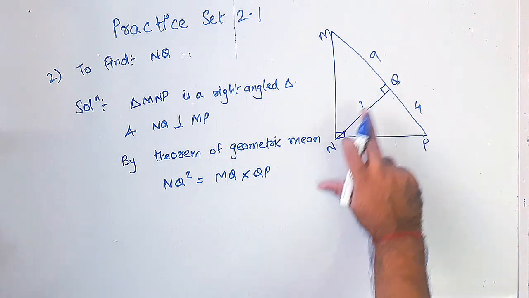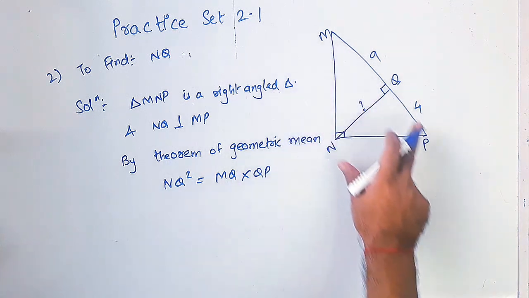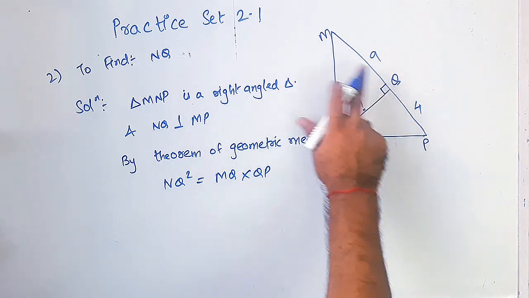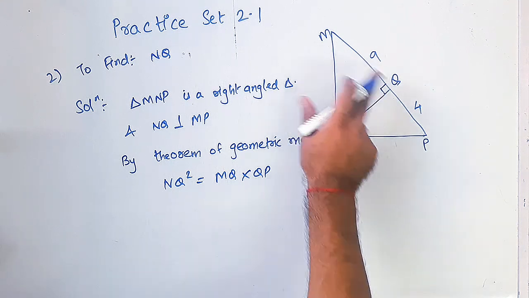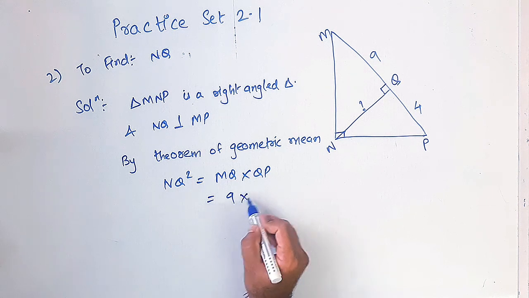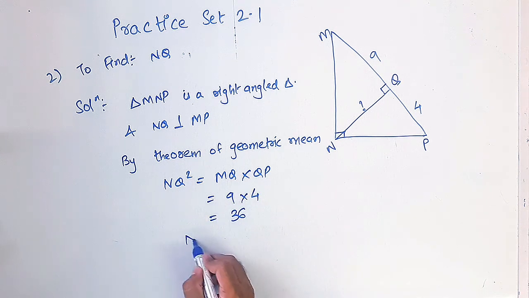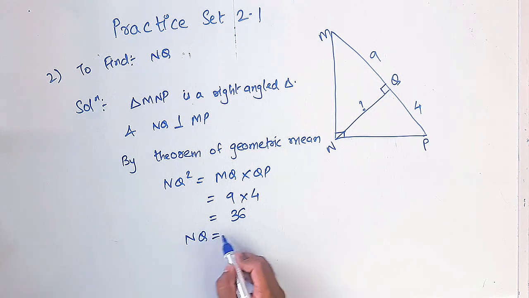The perpendicular drawn to the hypotenuse, its square is equal to the product of the parts into which the hypotenuse is cut, MQ into QP. This is 9, this is 4, 9 into 4 is 36. So NQ square is 36. So what will be NQ? NQ will be equal to 6. The unit is not given, so just write NQ equals 6.